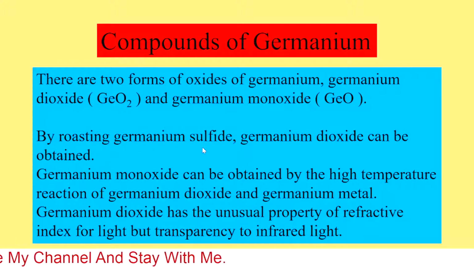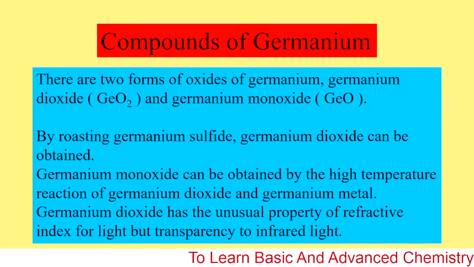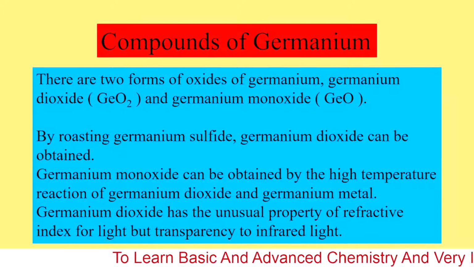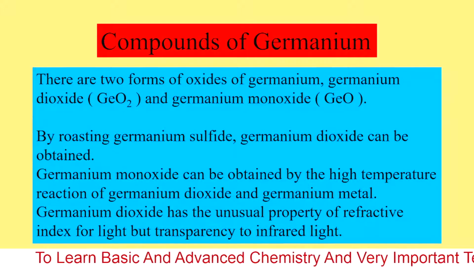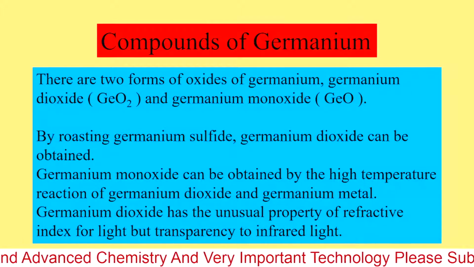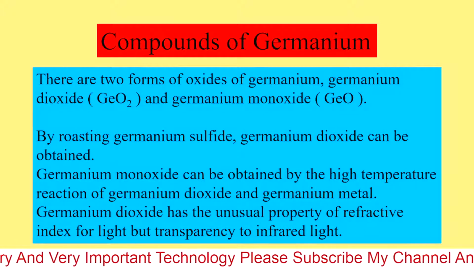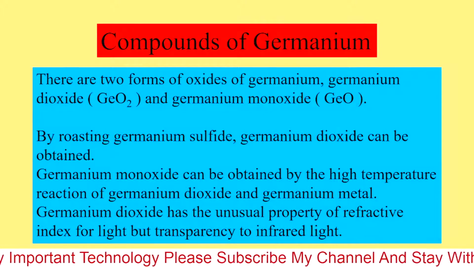By roasting germanium sulfide, we can get another compound. Normally when we are getting germanium from zinc sulfide, we may get germanium as germanium sulfide. If you have germanium sulfide, you can burn it in air, that means with oxygen.